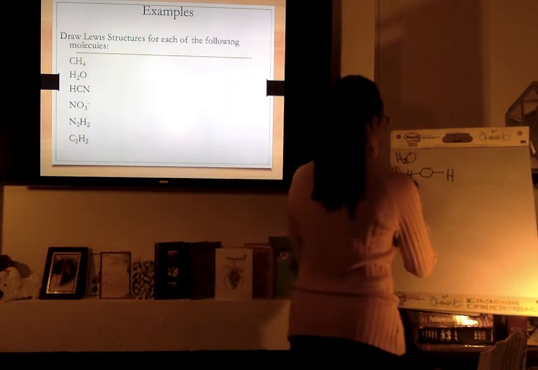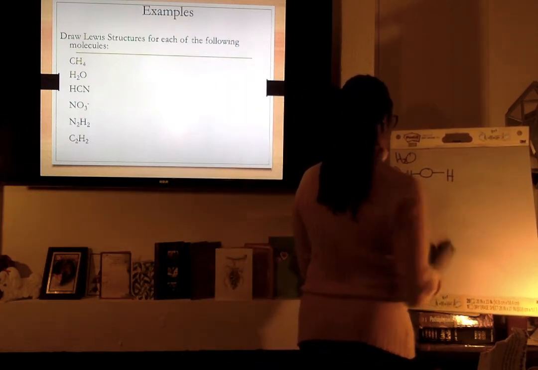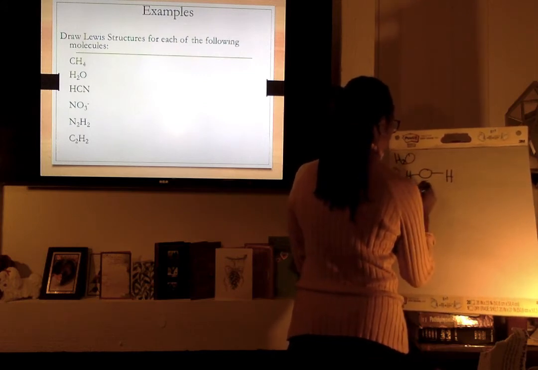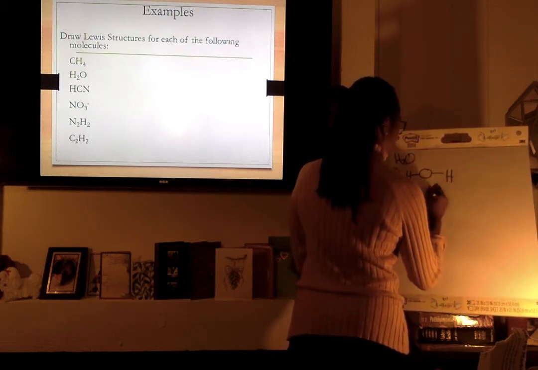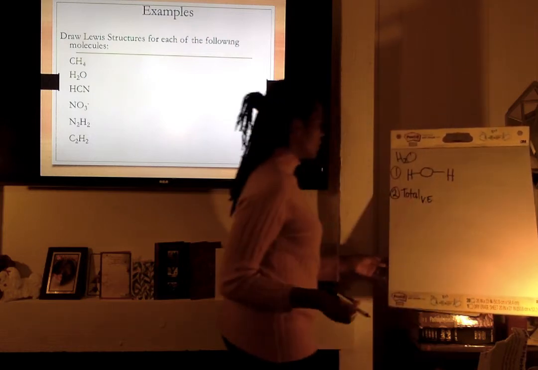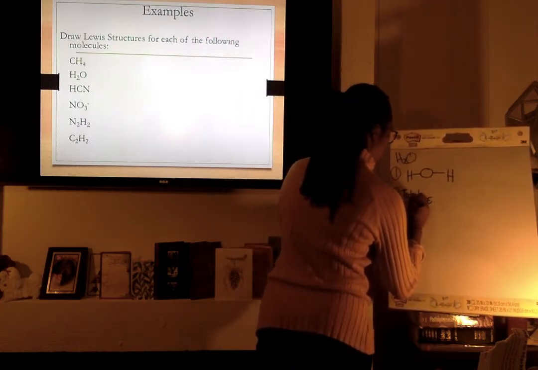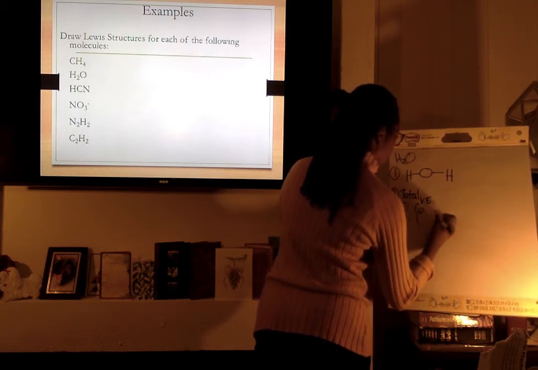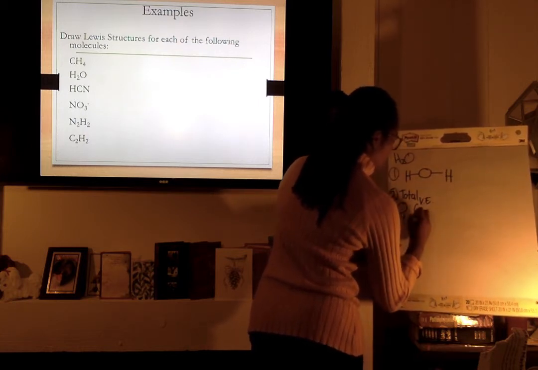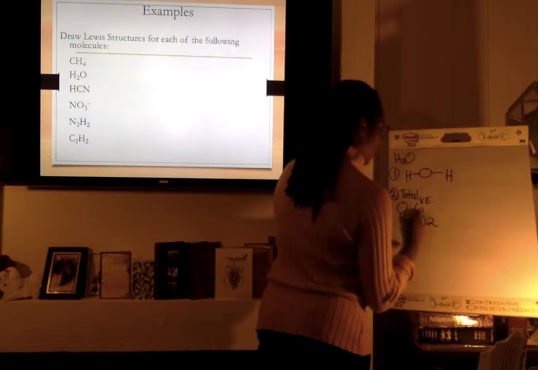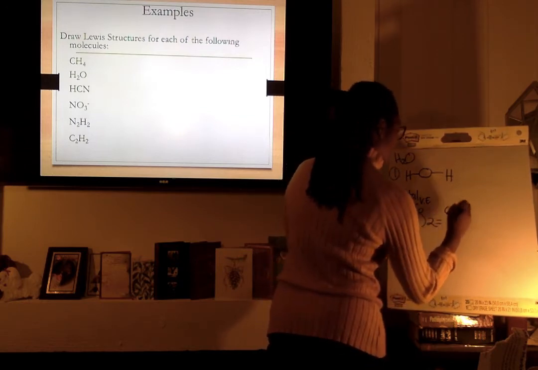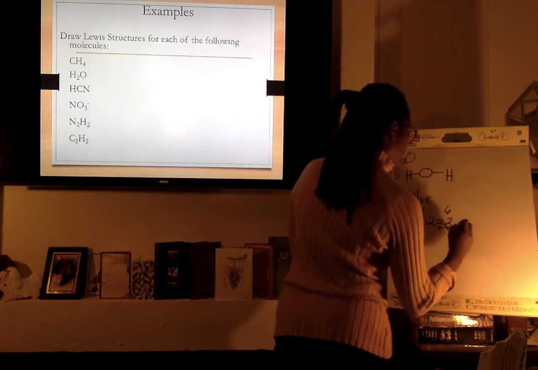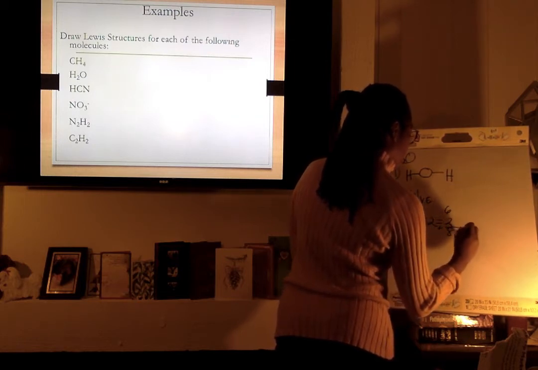So then the second step we want to do is calculate the total number of valence electrons. So for oxygen, there's 6, and then for hydrogen, there is 1. But because there's 2 hydrogen, we're going to multiply that by 2. So we have 6 plus 2, which is 8 valence electrons total.